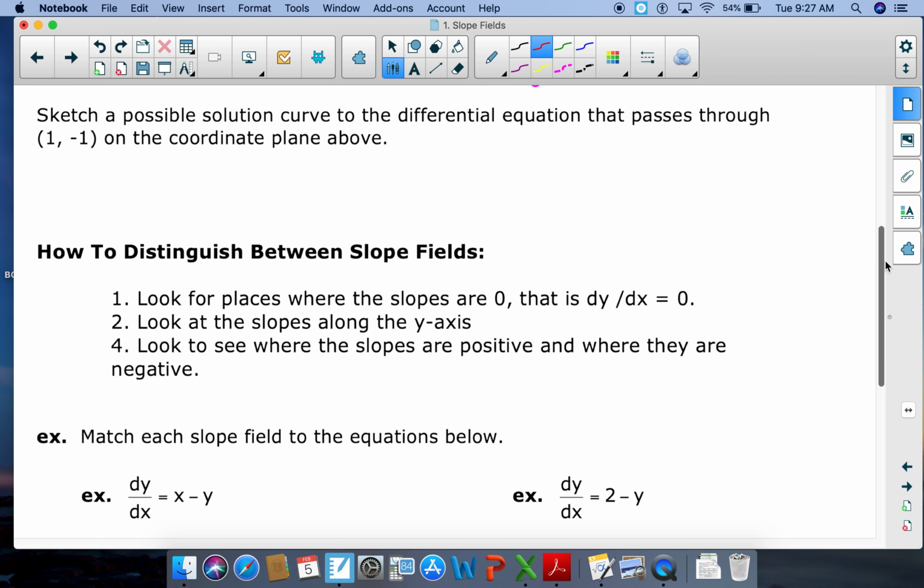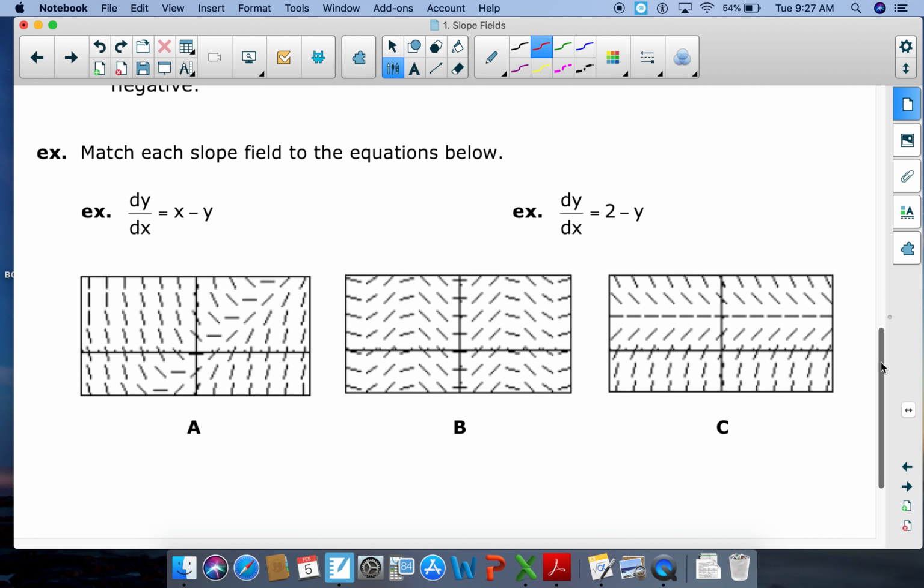Hopefully. Okay. A lot of times what you're doing is you're matching a function, or a derivative, to its slope field. So the first thing I look at is my slope field in terms of x, in terms of y, or in terms of both. So I look for consistency. Is there consistency up, down, left, or right for this one? So if I go down, are all my slopes the same?